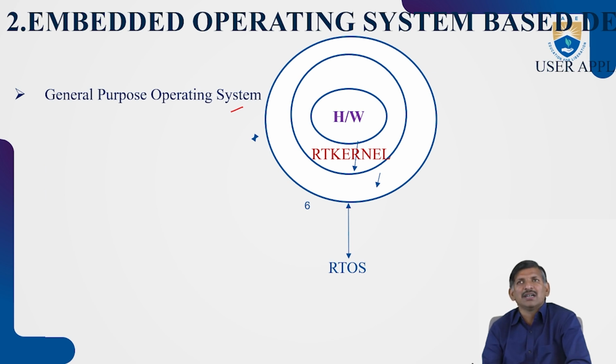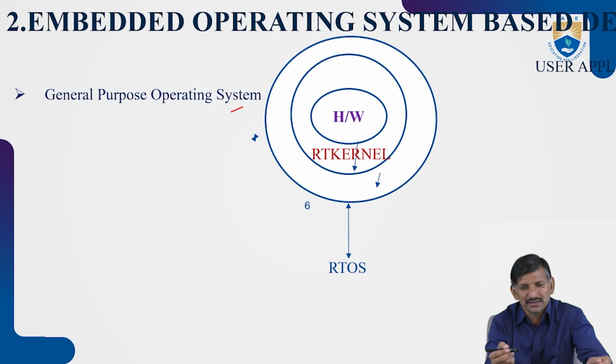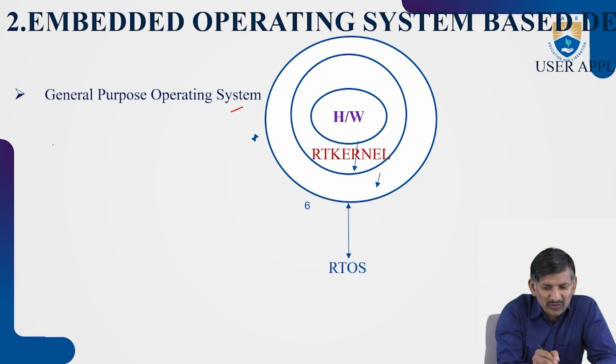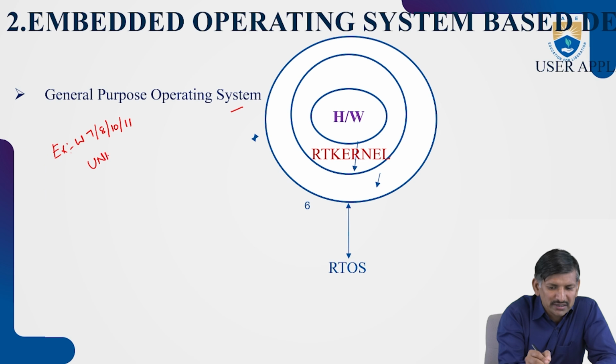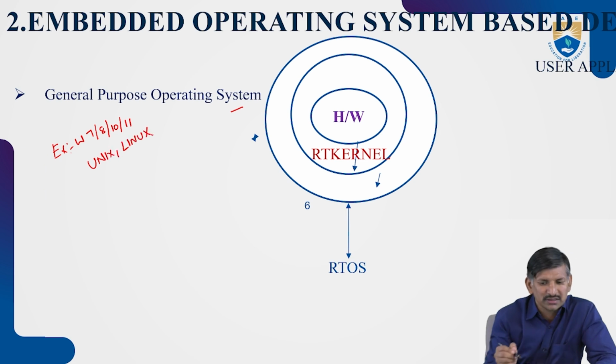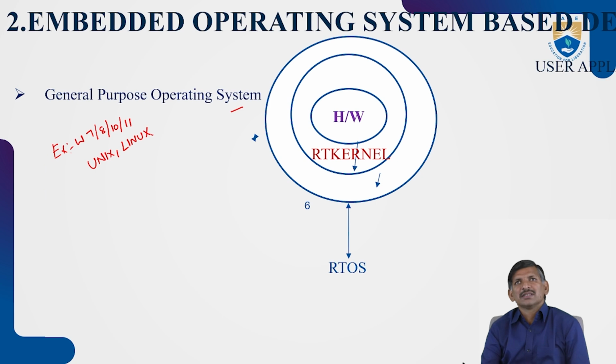That type of design is called a general purpose operating system. Examples are Windows 7, 8, 10 or 11, the Unix operating system, or the Linux operating system.